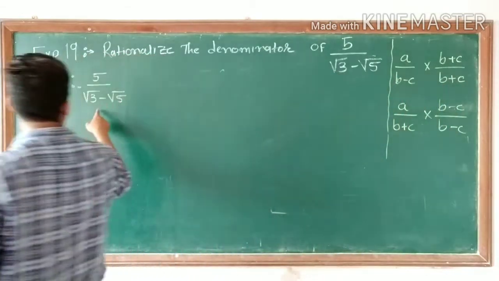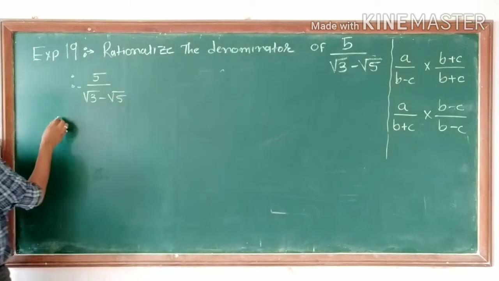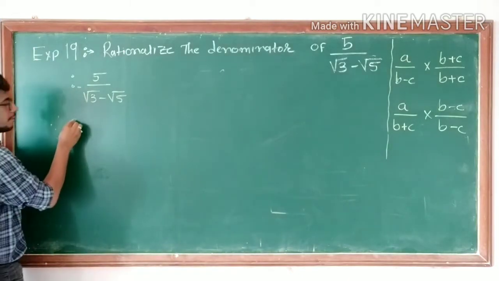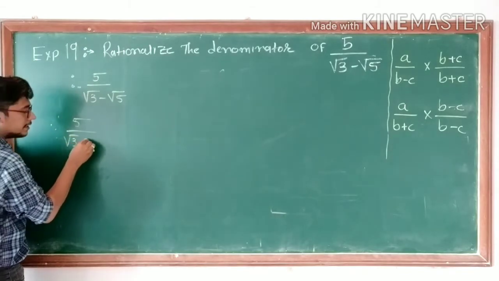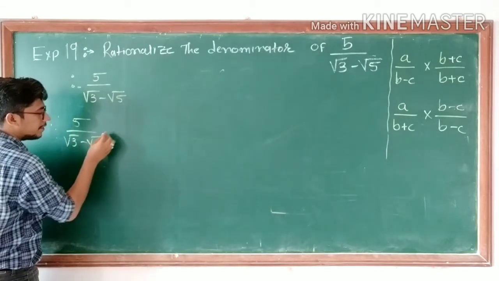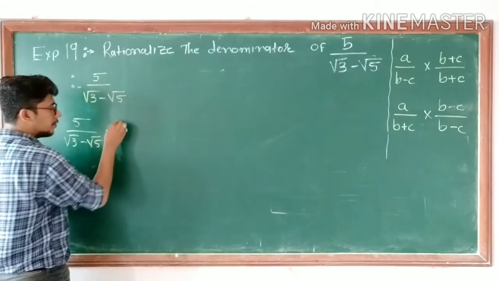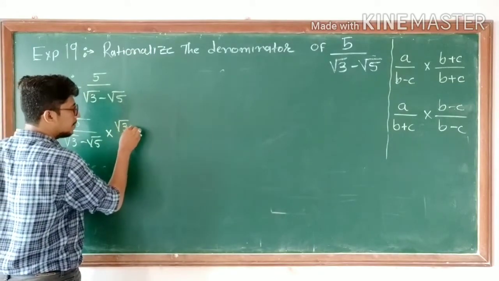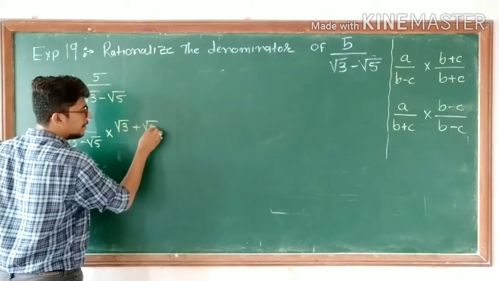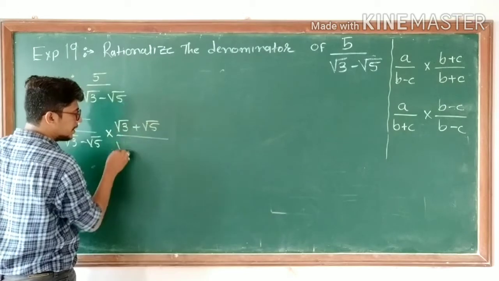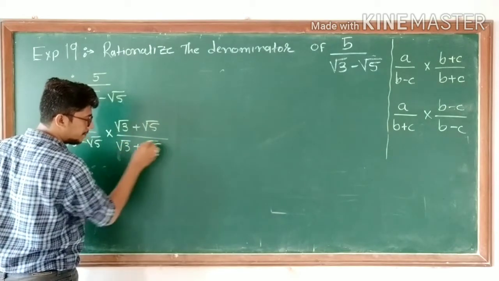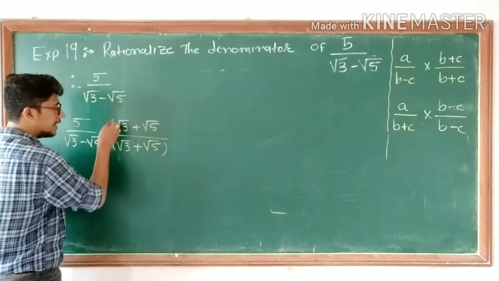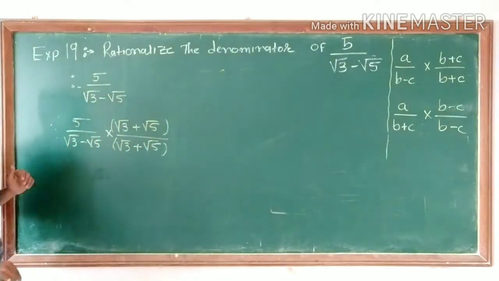So what we have to do: 5 upon square root of 3 minus square root of 5, multiplied with square root of 3 plus square root of 5, whole divided by square root of 3 plus square root of 5. Can we write like this? Yes.